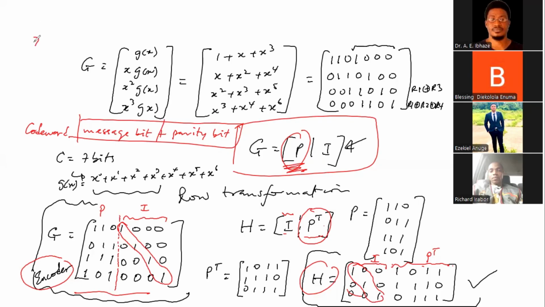Now we already know we have a 7,4 code here, which is n,k. So I know that my message bit is going to give me 4 bits. Now, my parity bit is going to give me 3 bits. So 4 plus 3 will give me 7. And I already know my parity matrix here, not the parity check matrix, the parity. Now, if I have this parity, then it means I can use this to develop my parity bits, which will be 3 bits.